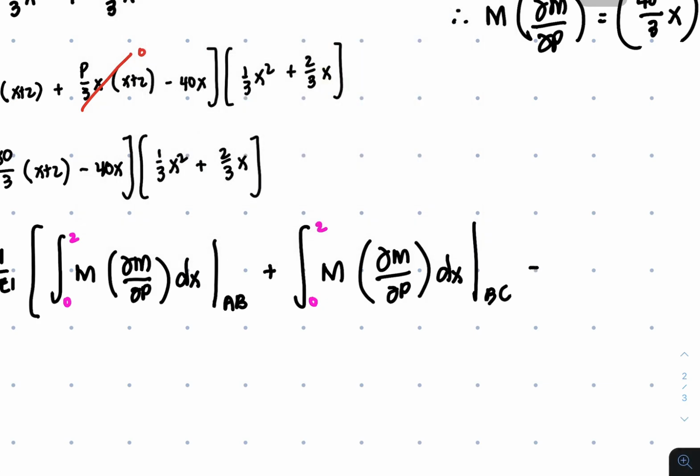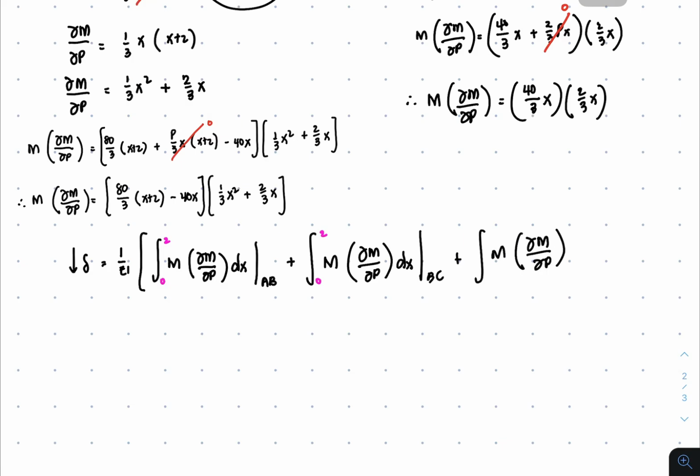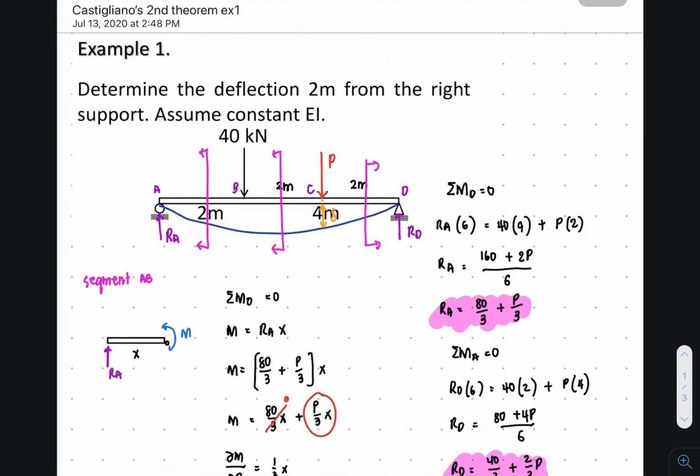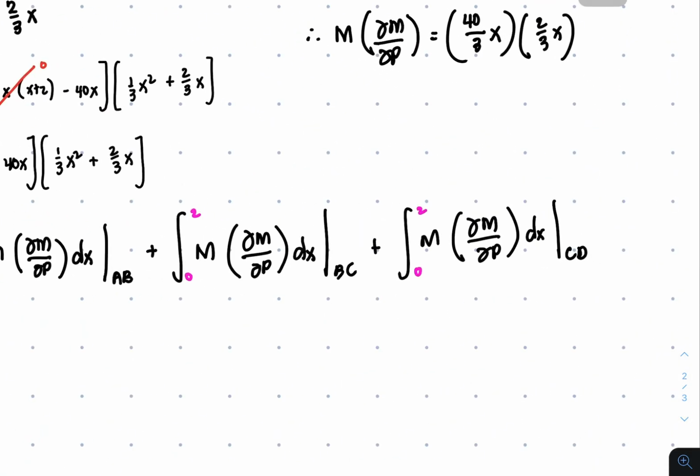Next, plus the integral of the next term, M times M dx, and this is for C to D. And the limit, of course, is the length of C to D. What is the length of C to D? It's 2 meters. So it's from 0 to 2.